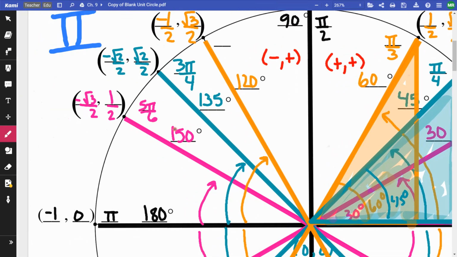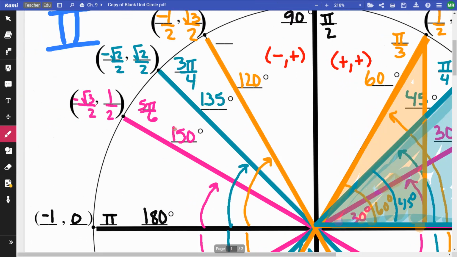Now, again, since I'm dealing with thirds, I got rid of my 4 pi over 4. I'm going to think of this as 3 pi over 3, because I'm dealing with thirds. So if I'm 1 pi over 3 above, I'm at 2 pi over 3.